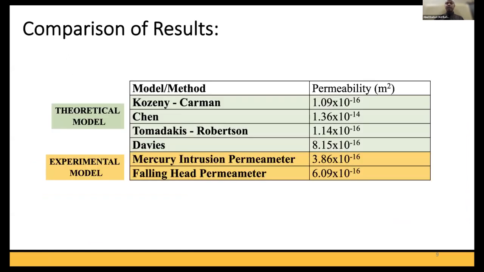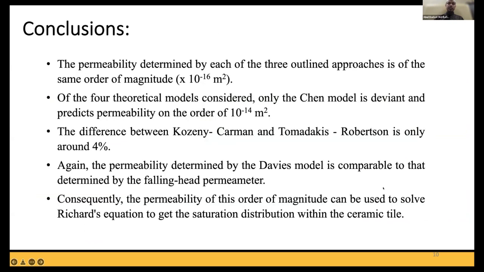Now we can compare the results for the theoretical models and the experimental results. Almost all results give us the permeability of the ceramic in the range of 10 to the power minus 16. The only outlier is the Chen model, which gave us 10 to the power minus 14 because of its higher porosity function.